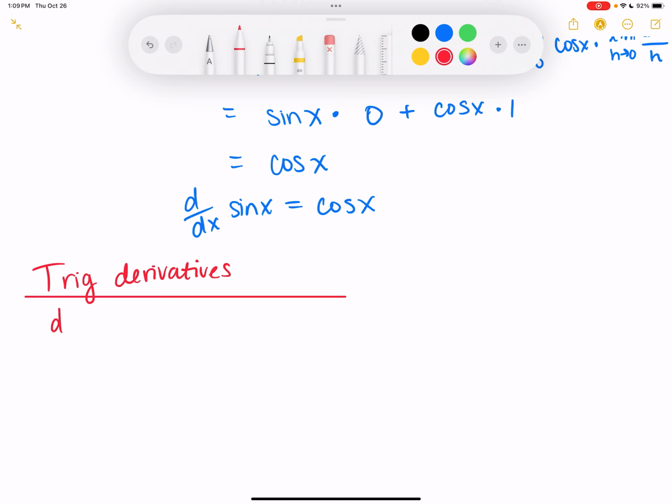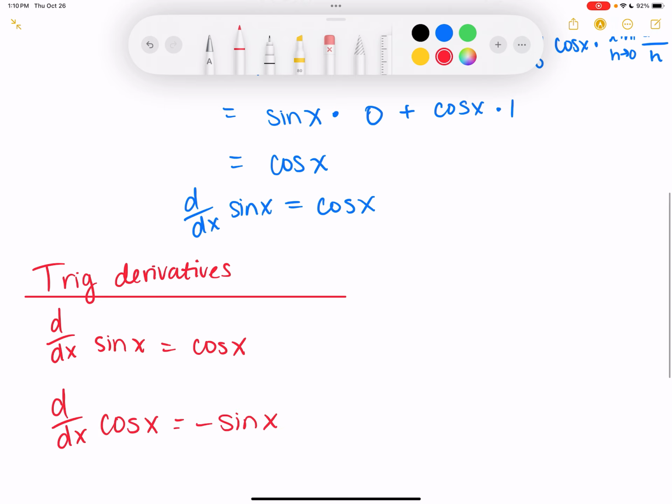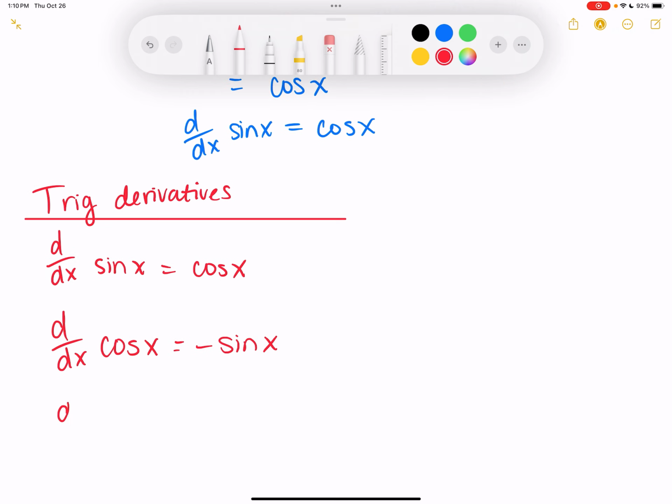d dx of sine of x, we just said, is cosine of x. d dx of cosine of x is negative sine of x. And d dx of tangent of x is equal to secant squared of x. Now, before I keep going with the other 3, what do you know about tangent?